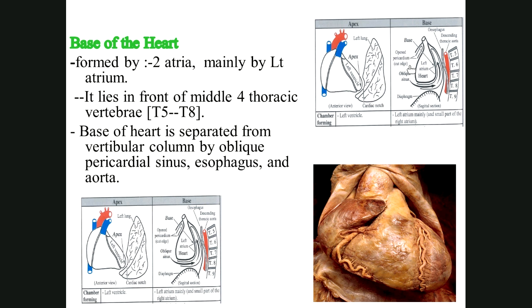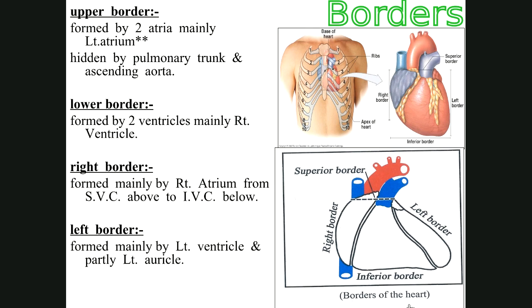See here, the fourth thoracic vertebra, T5, T6, T7 and T8. In front of this is the area that is the base of the heart. The base of the heart is related to what structures? It is separated from the vertebral column, and next by the oblique pericardial sinus, esophagus and aorta. Okay. Next, what are the borders of the heart?